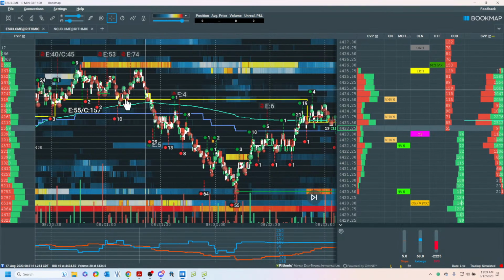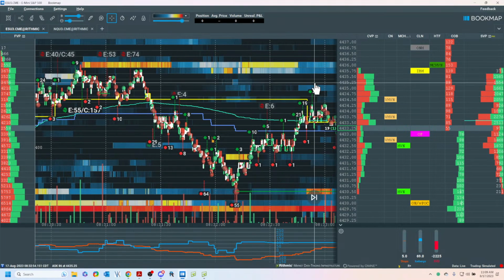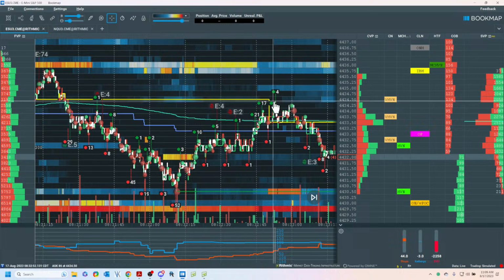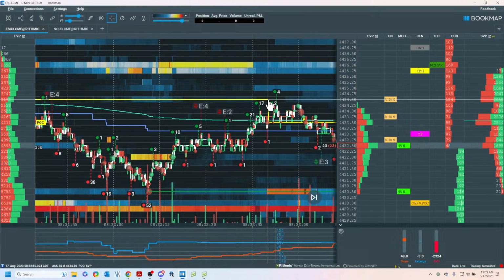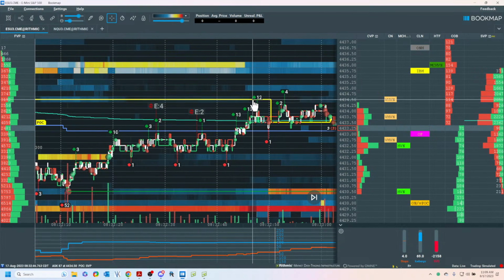Too high. Then here's the next one. Too high. Now, no way to know. So let's watch. Right here, we test this. Let's look at it. Microstructure. So this is the level to observe.